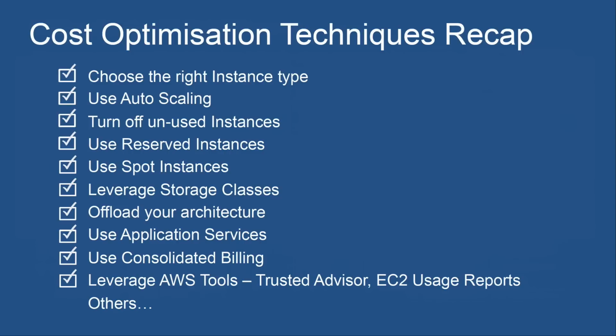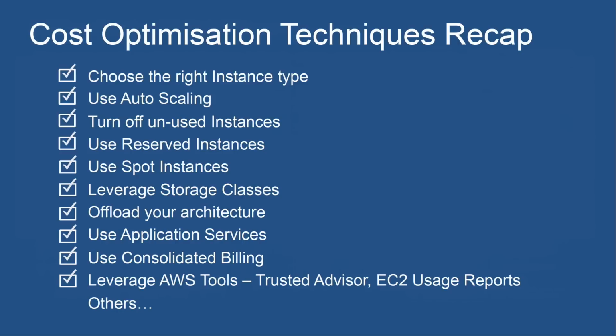Using RIs, reserved instances, to minimize the cost of longer-term workloads, and spot instances to minimize the cost of short-term workloads, with techniques for blending those with other instance types, for example using EMR. Leveraging different storage classes, using a combination of S3, RRS, Glacier, and the different storage options available for EBS to make sure your storage costs are optimized.